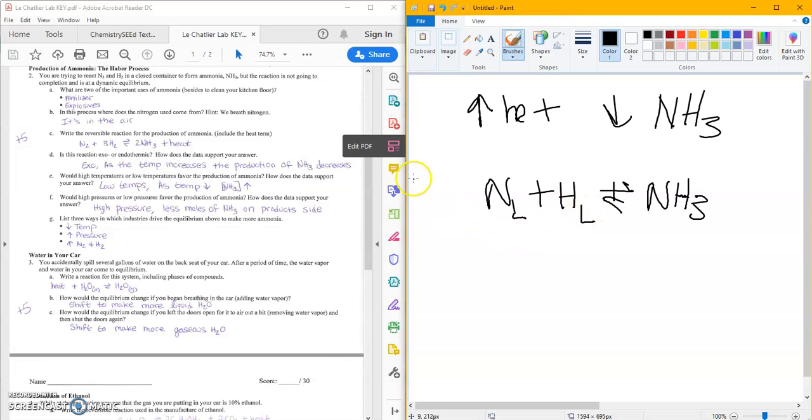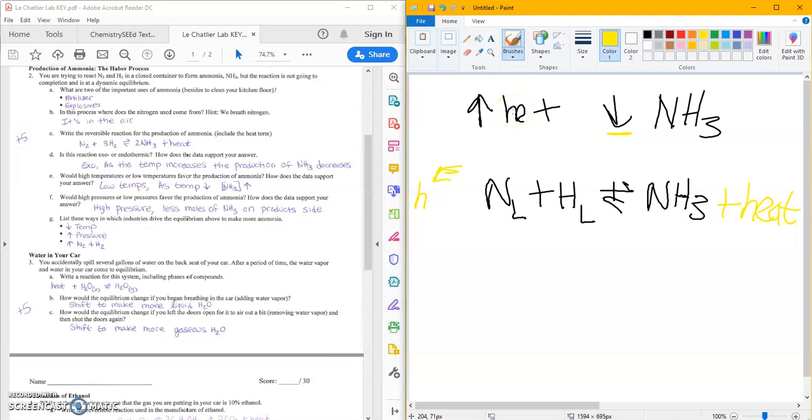If heat is on this side, and I increase the heat, then I'm going to shift to products, which is not what happens. Therefore, I know that this has to be exothermic, and heat has to be on the right side, because if I increase heat, then I'm going to shift to the reactants and make less NH3. And that's what my graph told me.